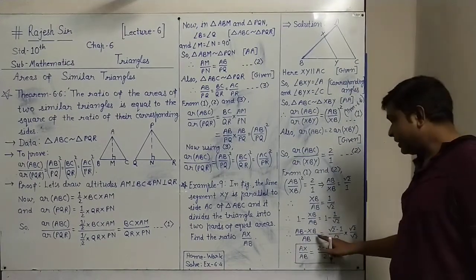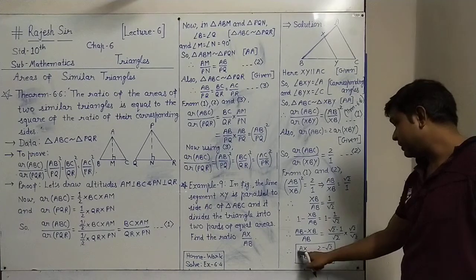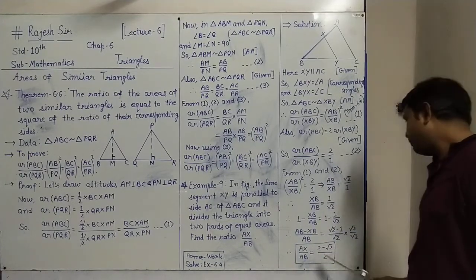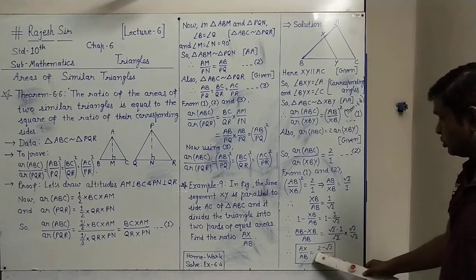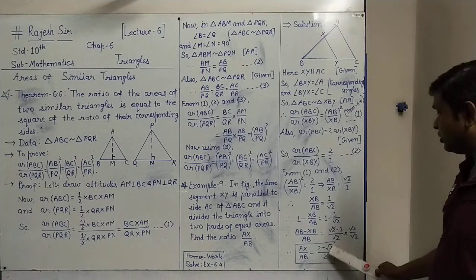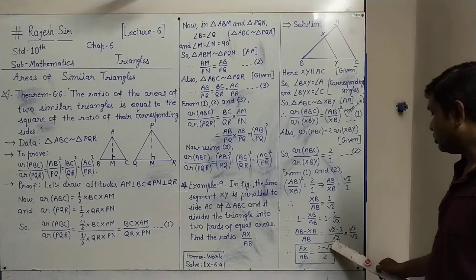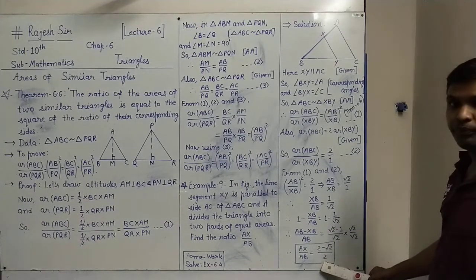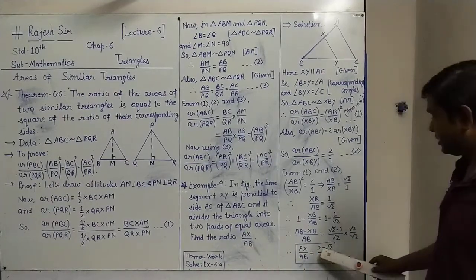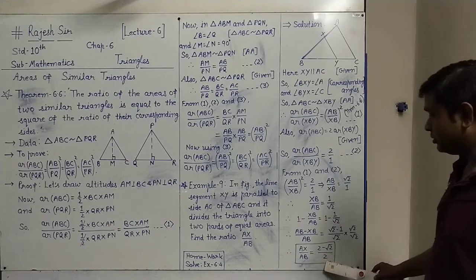AB minus XB in the figure is AX, upon AB as it is. And on the right side, root 2 into root 2 is 2, minus root 2 into 1, root 2, and down root 2 into root 2, 2. So this way AX upon AB we wanted, and we get this as 2 minus root 2 upon 2, this ratio.